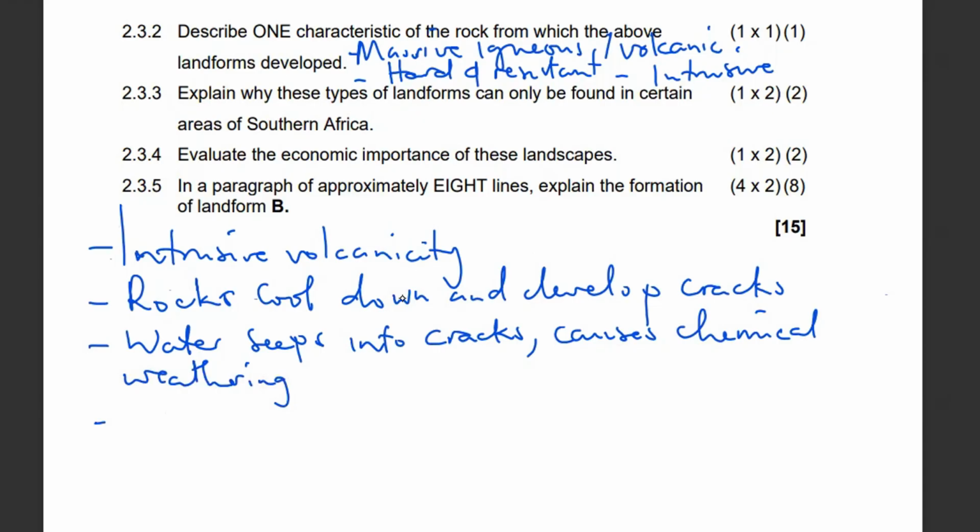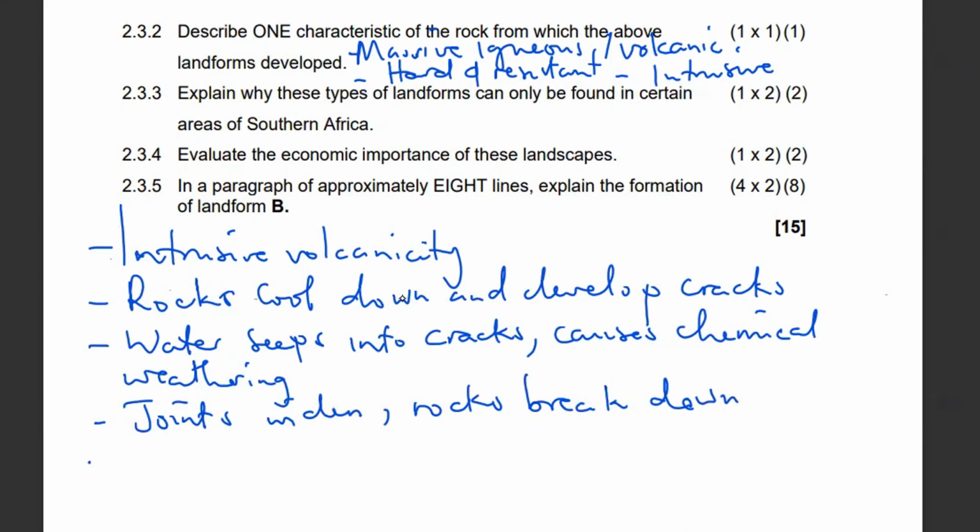And what is going to happen? The joints, or the cracks, are going to widen because of chemical weathering. The rocks will break down. If it was one core rock with some cracks, then they're going to break down. As they break down, they form distinct shapes.